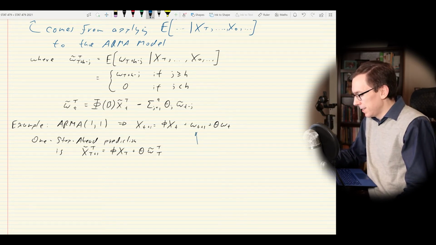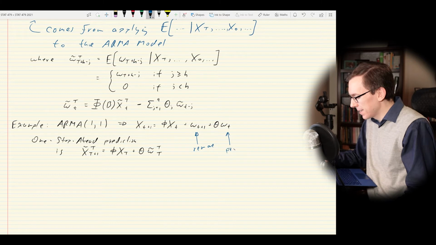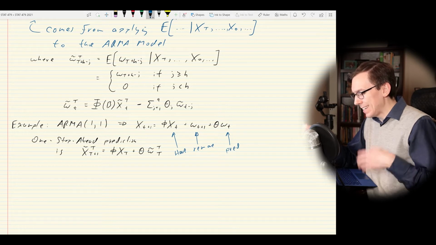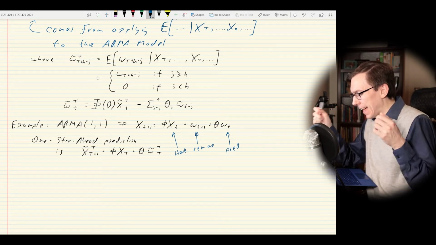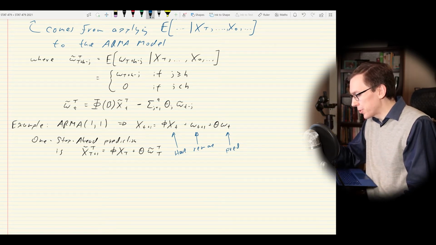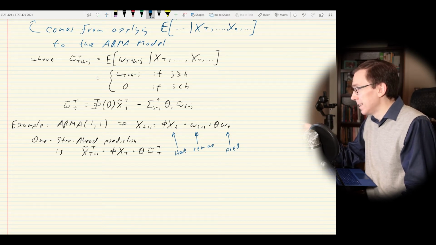Effectively, we remove this and we predict this, and we already have this. So, right, we have the x_T data point. The w_{T+1} lies ahead of our data set. That just becomes 0 when we take the expectation I mentioned up above. And the w_T here, or capital T, I should say, when we take the expected value of that, we just get w tilde_T.